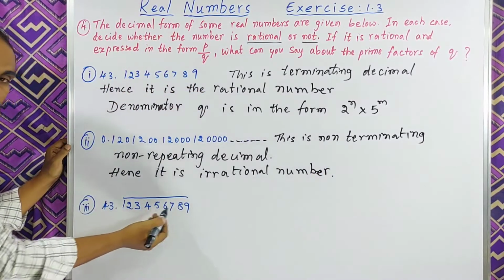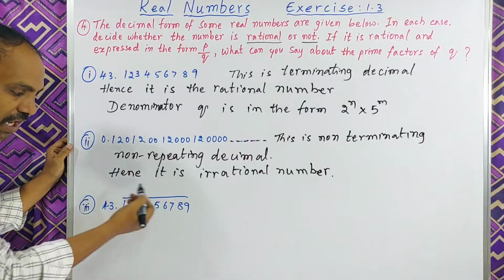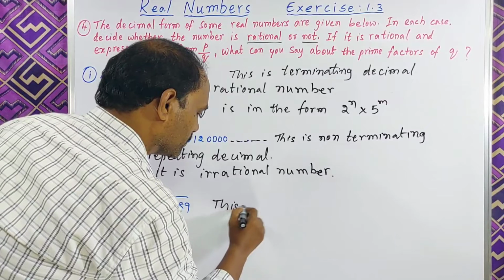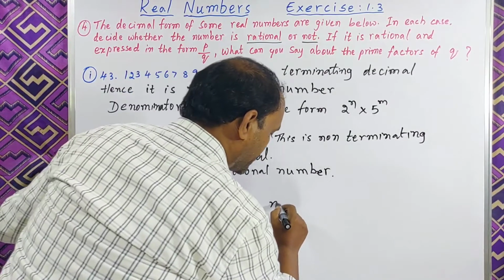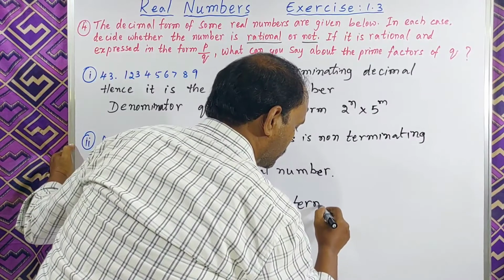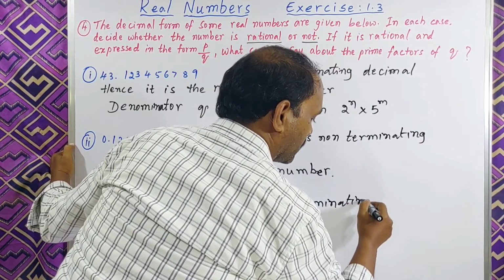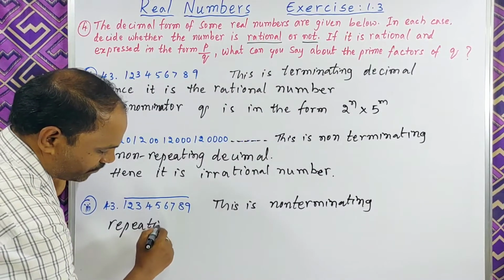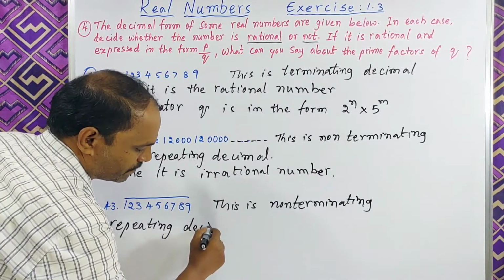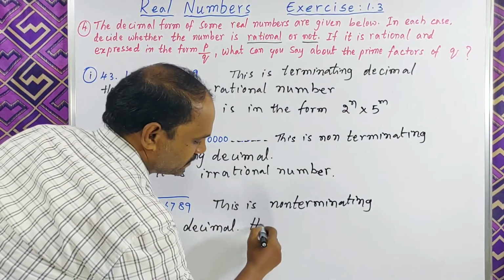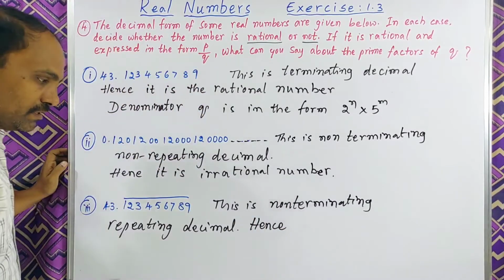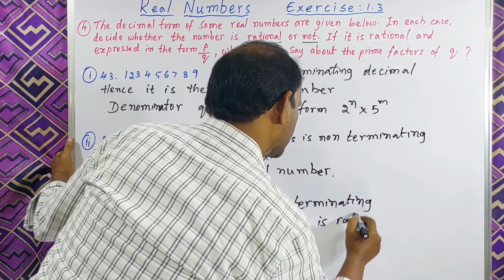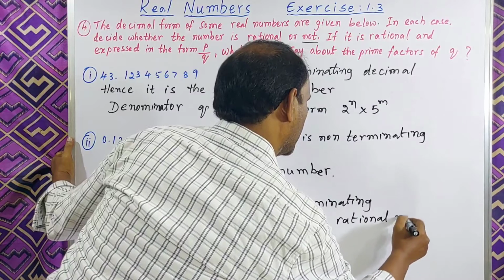And now this one, a bar is there. What does it mean? This one is a non-terminating repeating decimal. Hence this is a rational number.